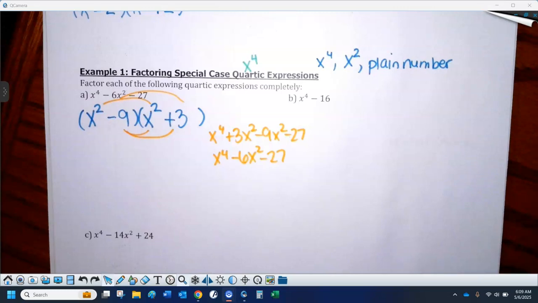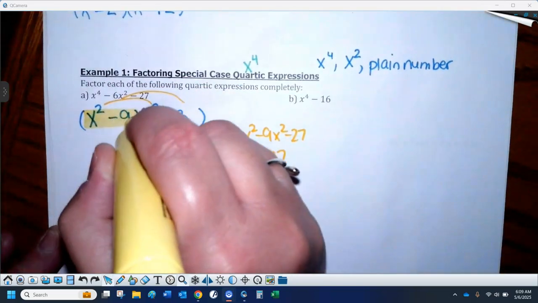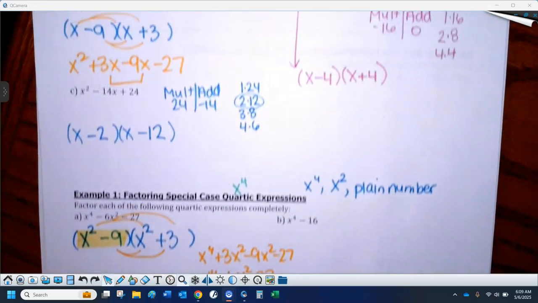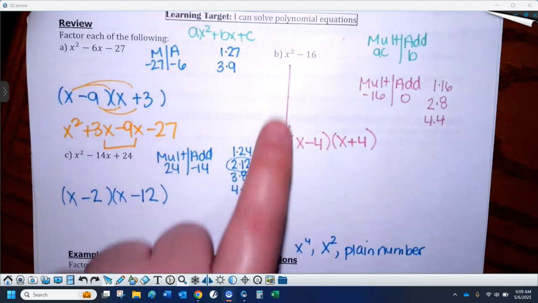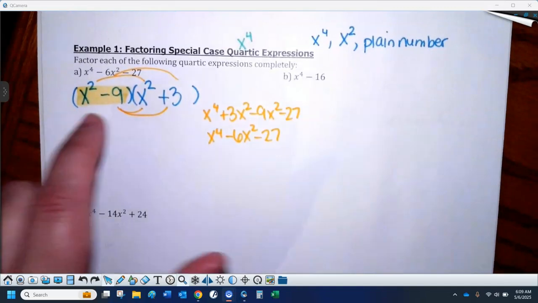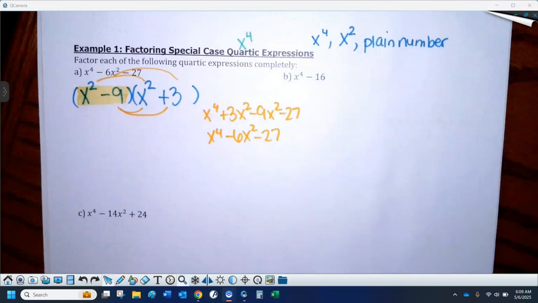Now, it depends on the question, but this question can actually go a little bit farther, and I don't want you to think this always happens, because it doesn't. This x squared minus 9, let me back up here, is like the problem we did in part B, where it's a difference of squares. So what I'm looking for is a difference, it has to be subtraction, and then that number has to be a perfect square.